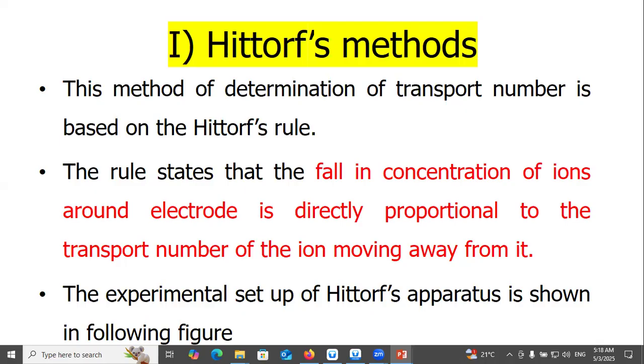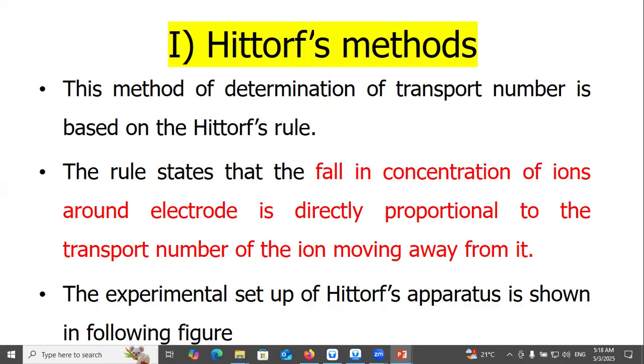Hittorf's rule states that the fall in concentration of ions around an electrode is directly proportional to the transport number of the ions moving away from it.